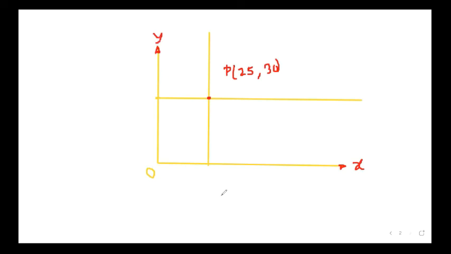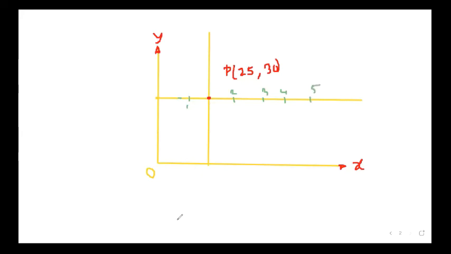Okay. Now what we'll do, on this line, take any arbitrary point. Suppose here we take one point, here take this point, any arbitrary point at any distance. There will be no fixed distance. Okay, this is the point. So suppose you give the names 1, 2, 3, 4, and we take another point 5.